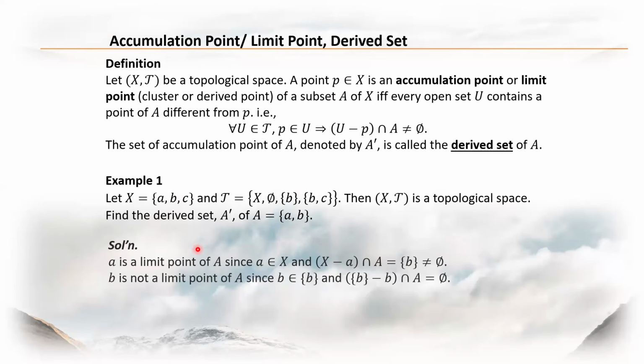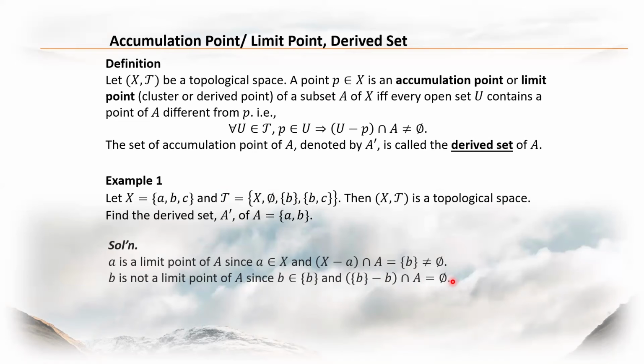And this is described here in detail. So b is not a limit point of A since b belongs to the set containing b, in tau, and the intersection of that set minus b is empty, and intersected with A, it is also an empty set.